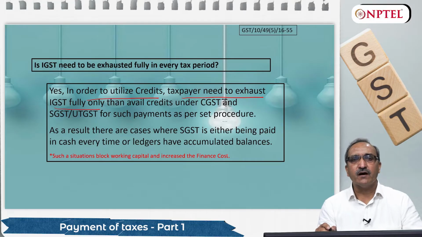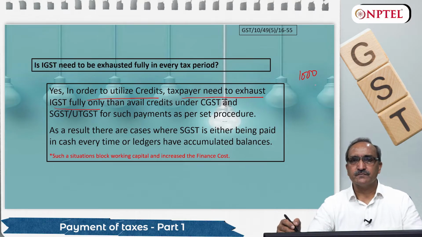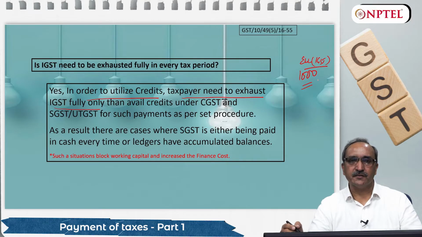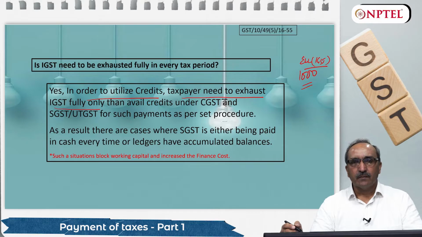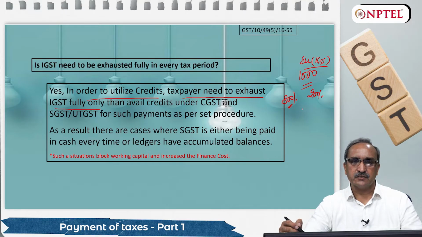Meaning if you have IGST credit of 1000 rupees in your electronic credit ledger in the IGST account, and for that particular month your IGST liability is only 200 rupees, then you have 800 rupees in excess in IGST.